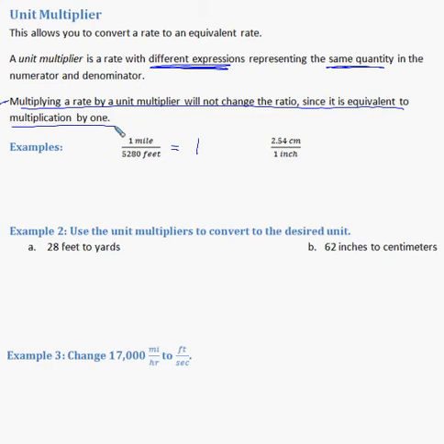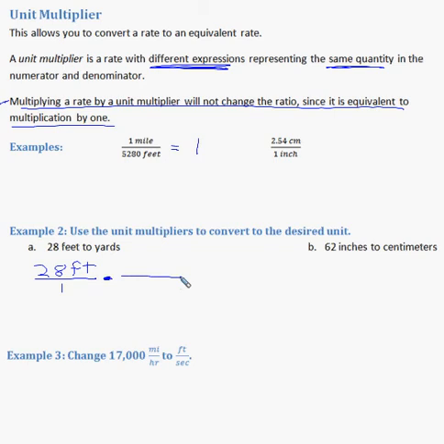So, for example, in this first one, it says use the unit multipliers to convert to the desired unit. So we have 28 feet to yards. So what we do is we take 28 feet. You can write it as a fraction because that might help some of you. I know you like to have it over 1, so 28 feet over 1, and we want to convert that to yards. So we're going to multiply that by a unit multiplier.